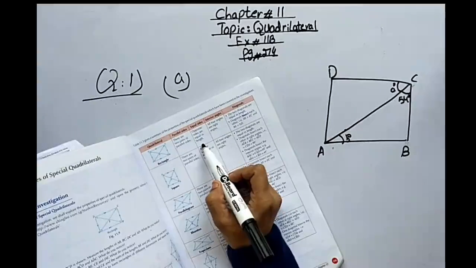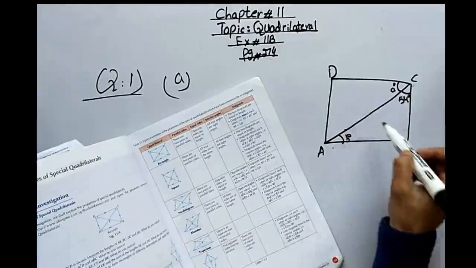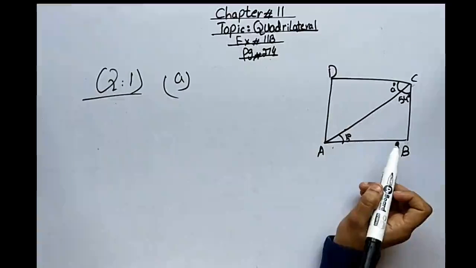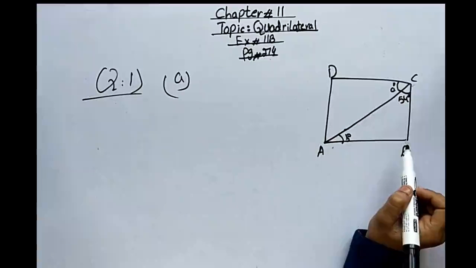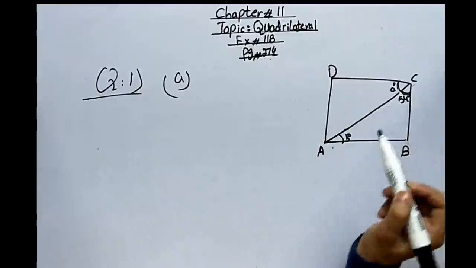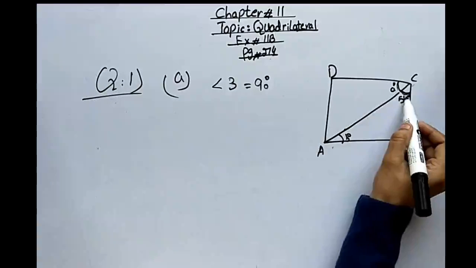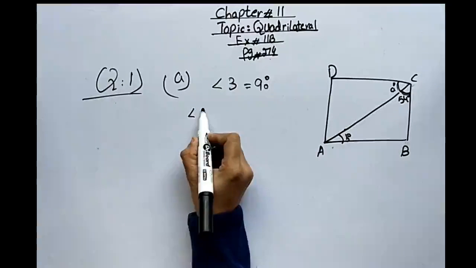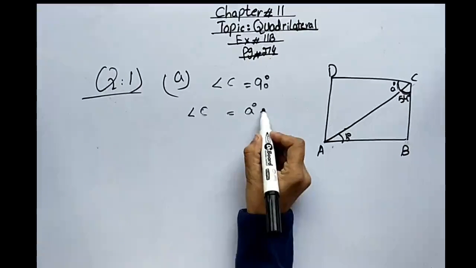Opposite sides are equal in length and the 2 diagonals are equal in length, which means this diagonal is equal to the other diagonal if we draw it. So the point related to a rectangle is that all 4 angles must be right angles. This whole angle, angle C, is equal to 90 degrees. Angle C is the sum of A degrees plus 54 degrees.